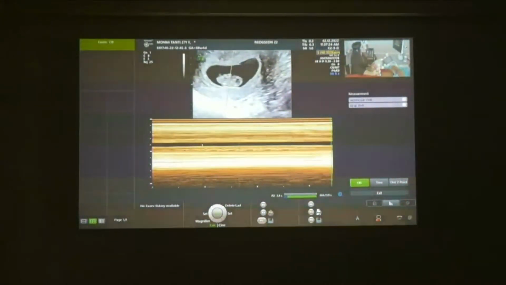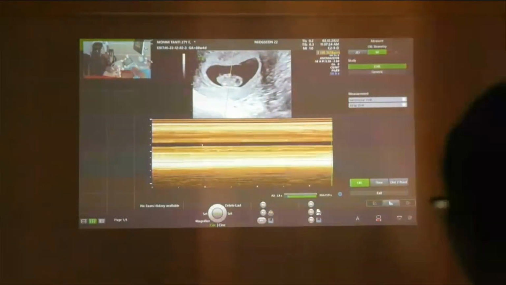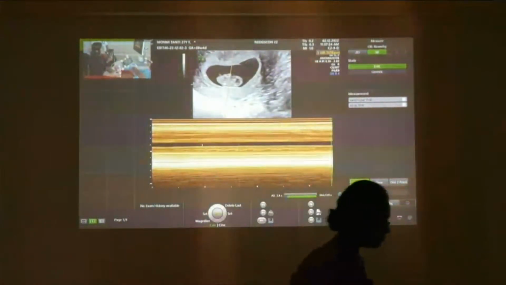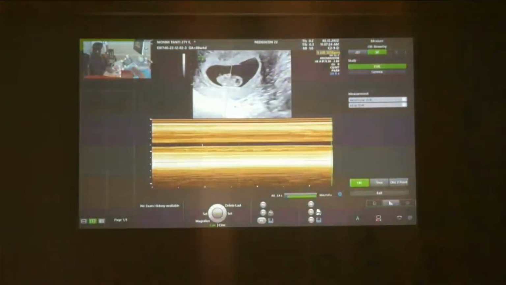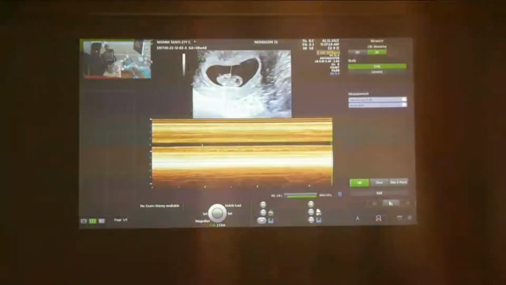So 165 is normal. Usually 120 to 180 is the normal heart rate. But below 100 is bradycardia, and if you document an embryo showing a heart rate below 100, we have to follow it up properly, because oftentimes we find fetal demise when we scan again at 11 weeks or so.